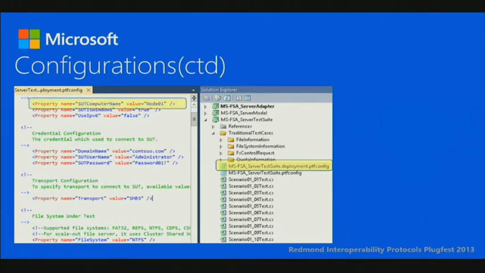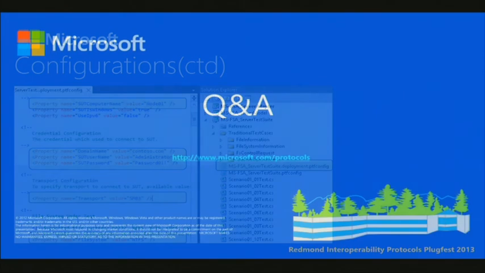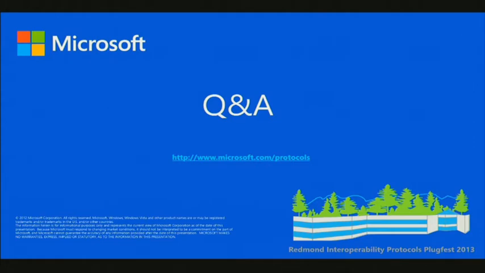We will have the remote server names, access credentials, and the transport to connect to the remote server. Also, we will have an item to specify which file system we are currently testing against. That's what we will talk about today.